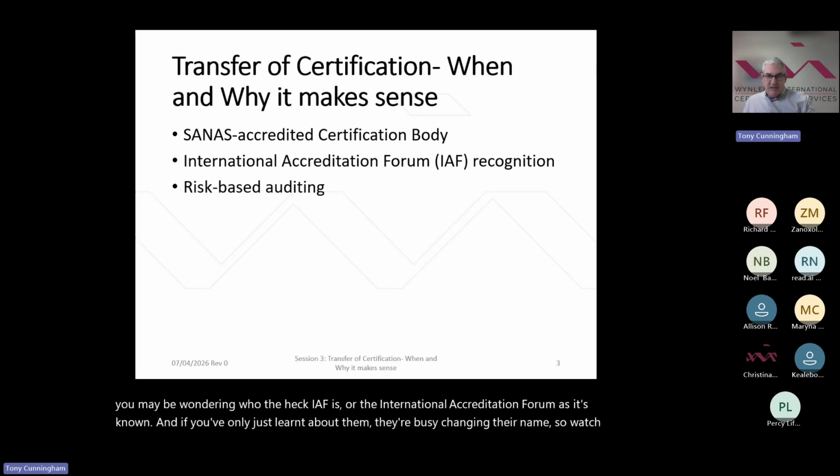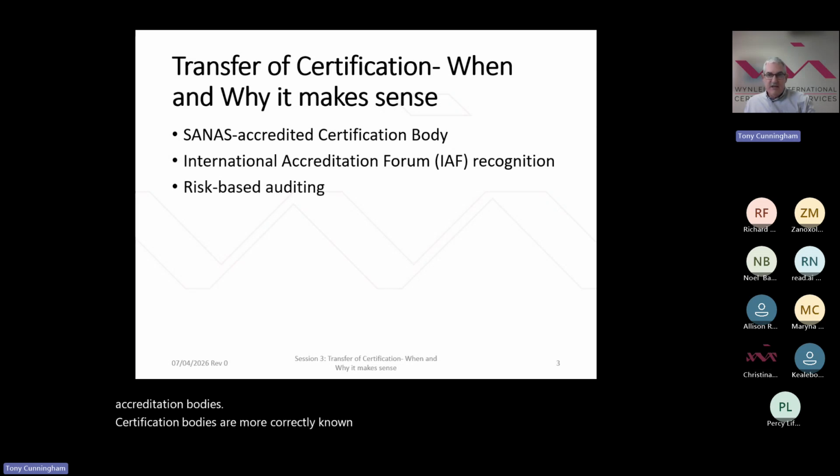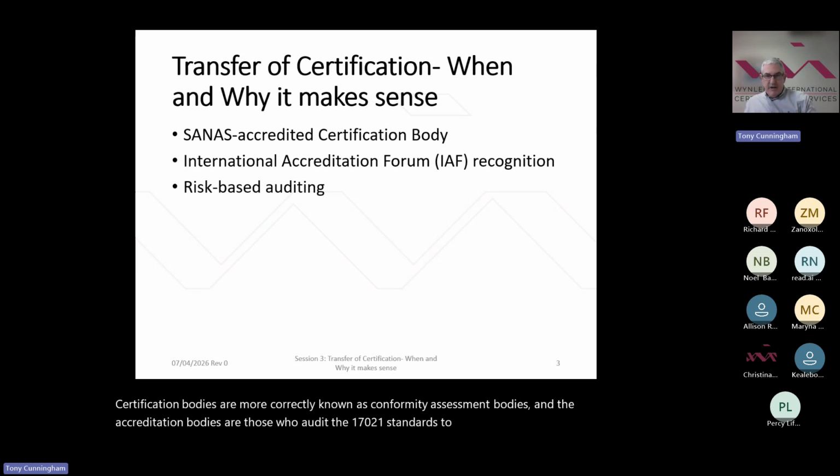But the fact is that the IAF is a world association of conformity assessment accreditation bodies. Certification bodies are more correctly known as conformity assessment bodies, and the accreditation bodies are those who audit the 17021 standards to ensure that the conformity assessment bodies are performing correctly.